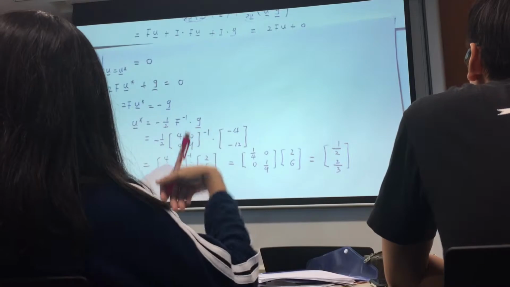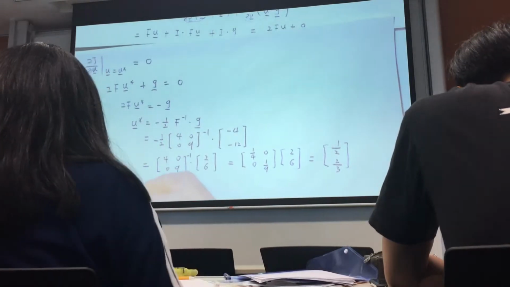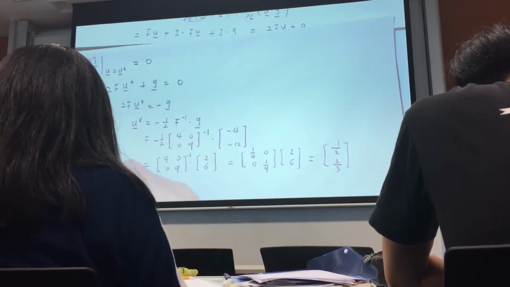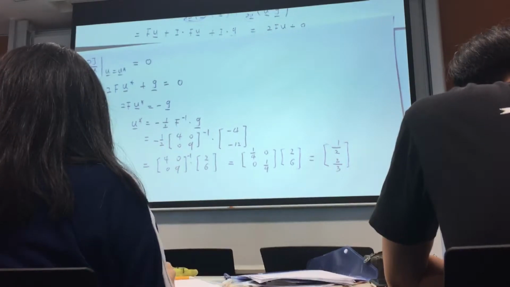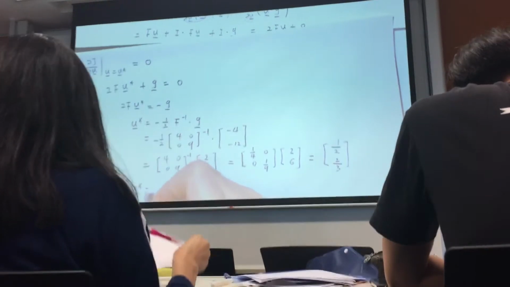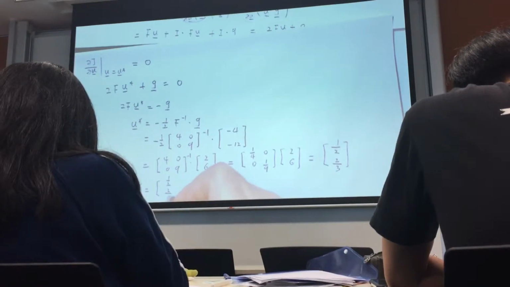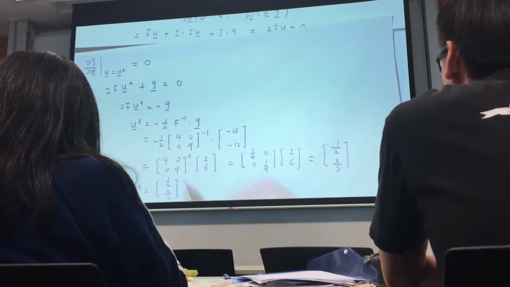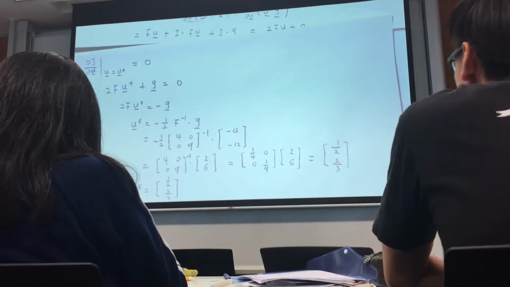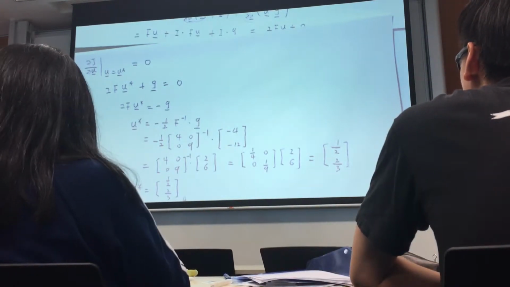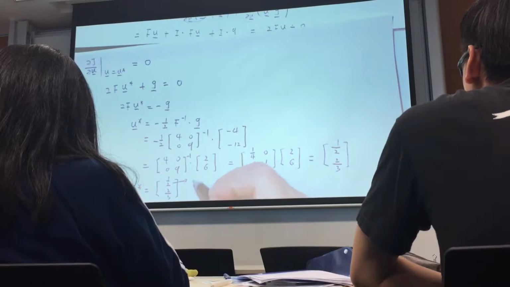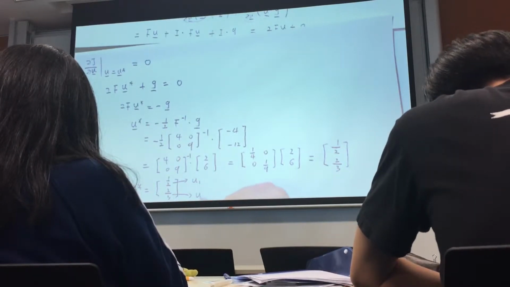So now we have our solution from the necessary condition. From the necessary condition, we have our u star equal to [1/2, 2/3]. We know the first one is u1, the second one is u2.